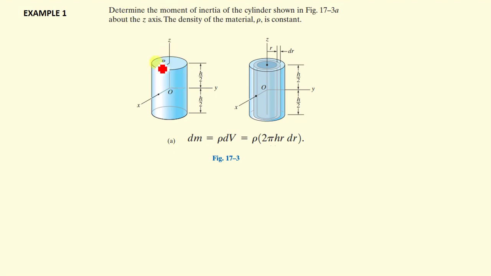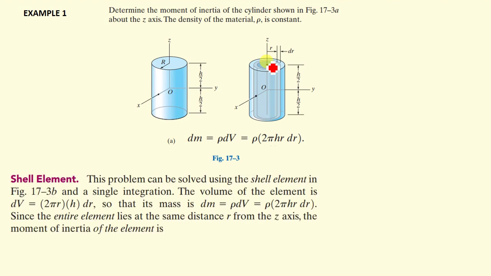This is a cylinder, and we've decided to use a shell element to determine the moment of inertia of this cylinder about the z-axis. So we're trying to determine the rotational aspect of this cylinder about the z-axis. So we're going to use what we call the shell element, and this problem can be solved using the shell element at a single integration.